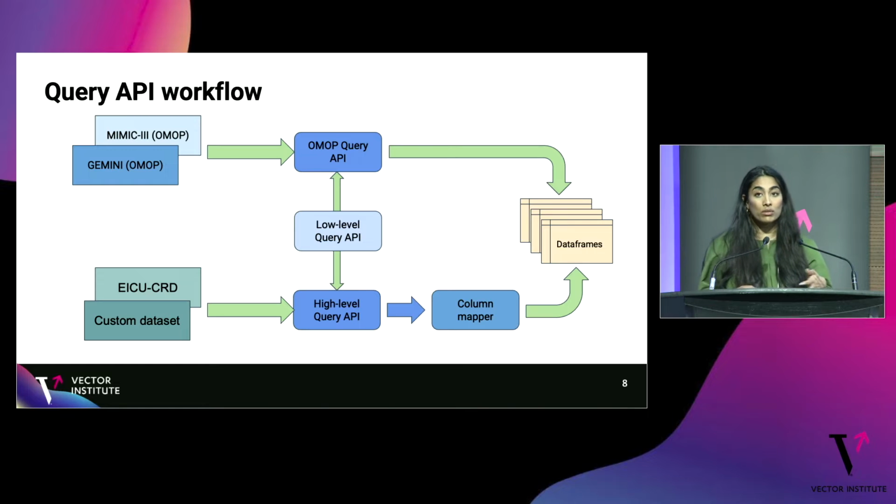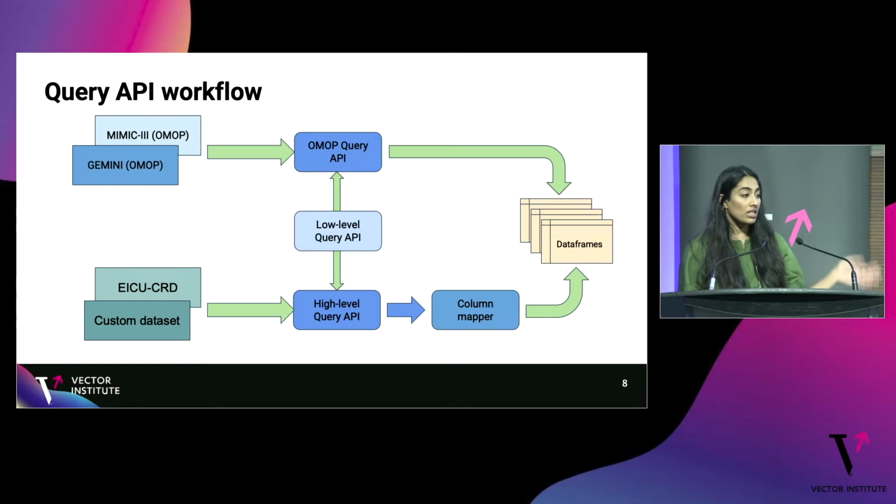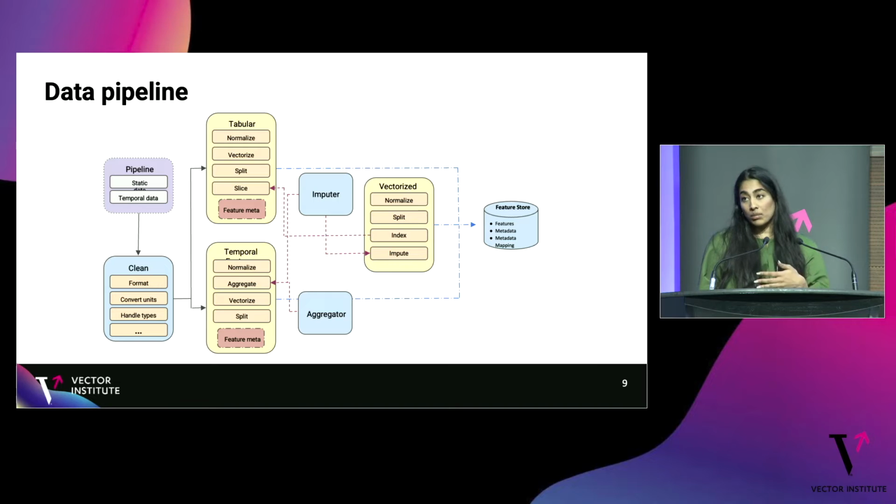But also, if you maybe don't have data in the OMOP data format, if you have a favorite data set that you want to use, or your own data, you can still use our high-level querying and API functions. And so the idea is you query your data, you get these nice data frames. And then it goes through a data pipeline.